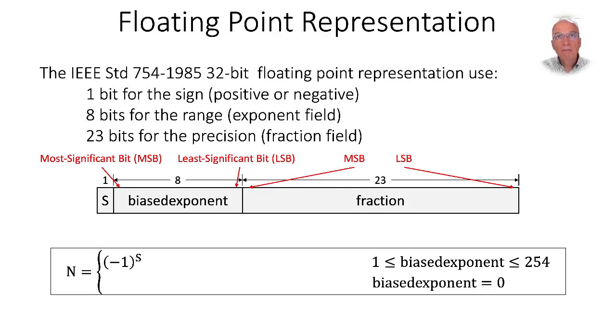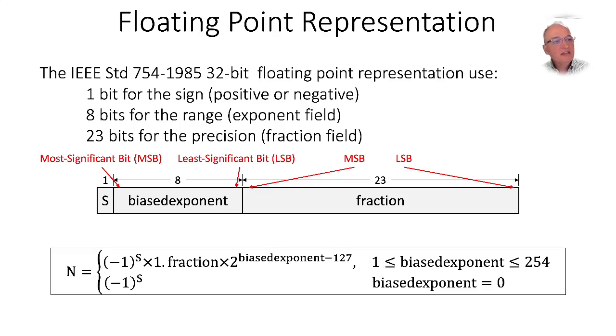Minus 1 to the 0 is 1, and minus 1 to the 1 is minus 1. So if the number is negative, the sign bit needs to be 1, times 1 binary period fraction. So you simply write the fraction next to that 1, times 2 to the biased exponent minus 127.